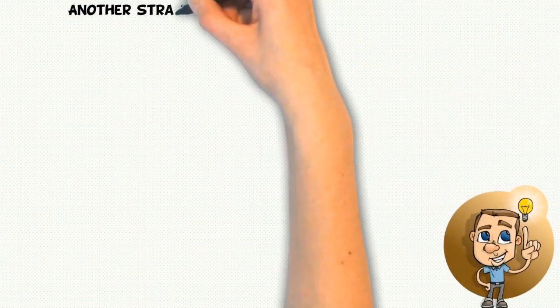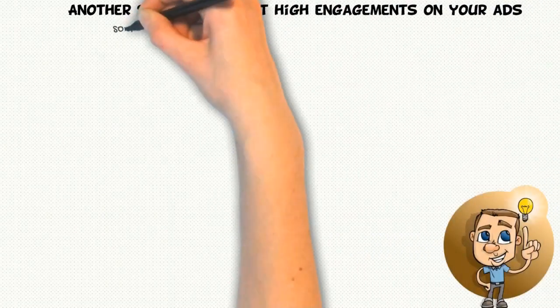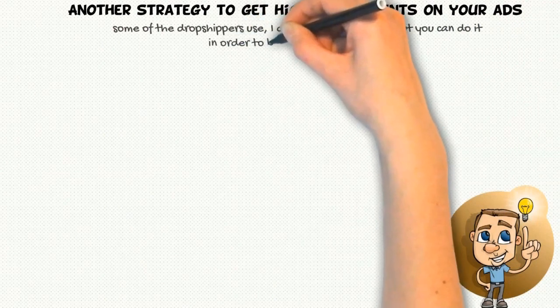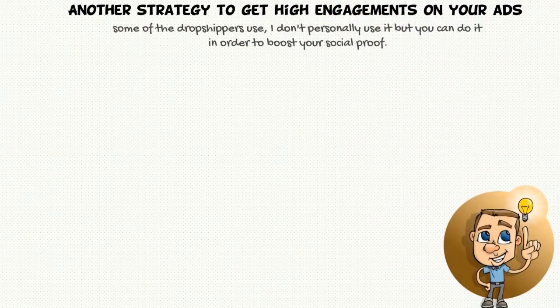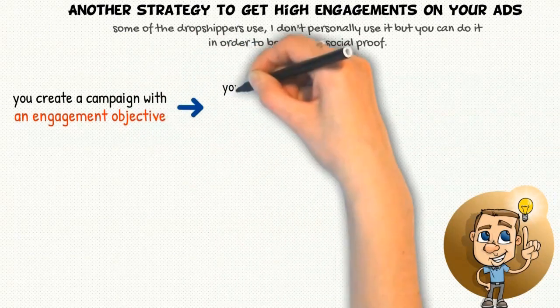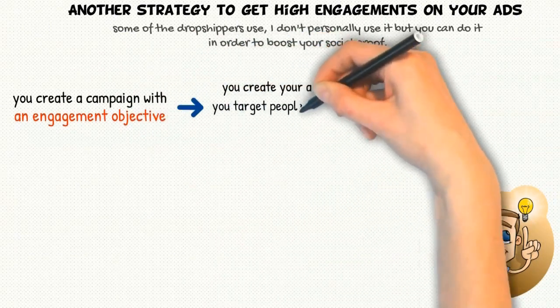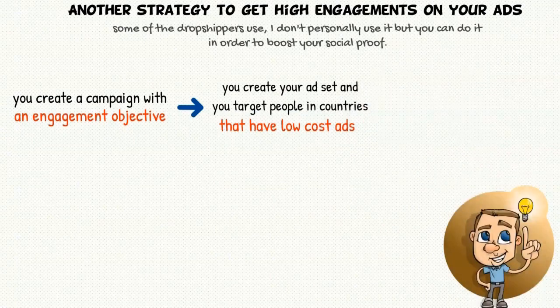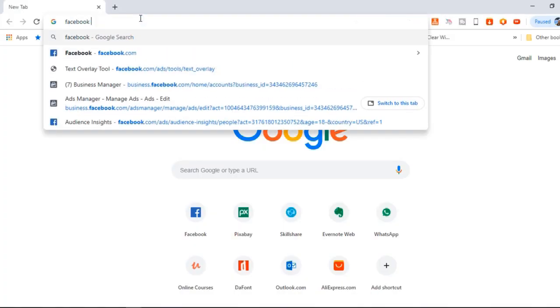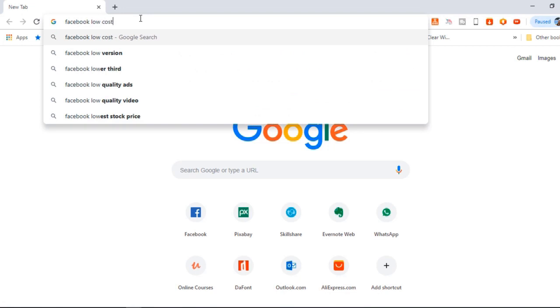I will teach you another tip that some of the dropshippers use. I don't personally use it, but you can do it in order to boost your social proof. You create a campaign with an engagement objective, and you create your ad set and you target people in countries that have low-cost ads. If you search Google, you can find a list of countries where Facebook ads cost low.